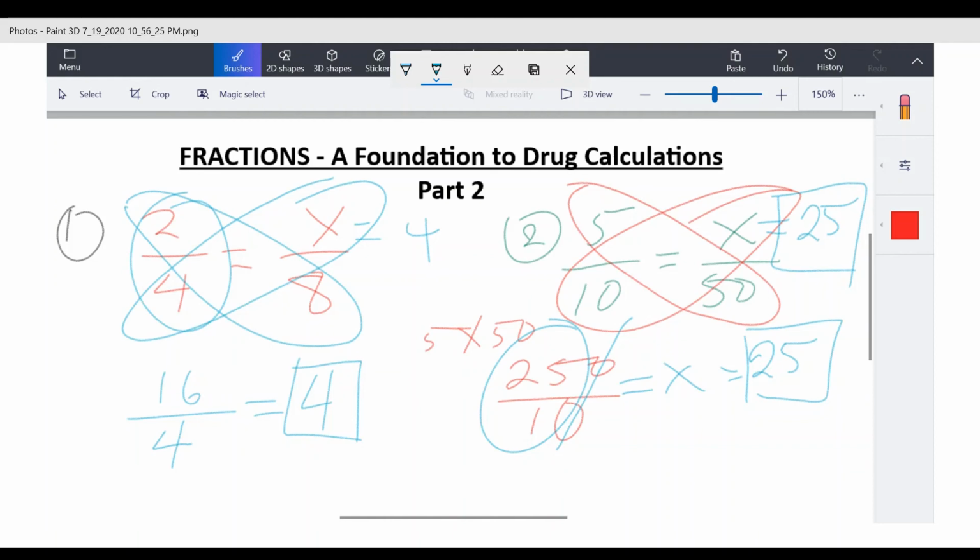I think this should conclude our fractions modules. If you want me to do more of these fractions, please let me know, and I'll be more than happy to do more of these videos. But based on my agenda, this should pretty much conclude it, and then we'll move on to more pharmacy or drug-related calculations.